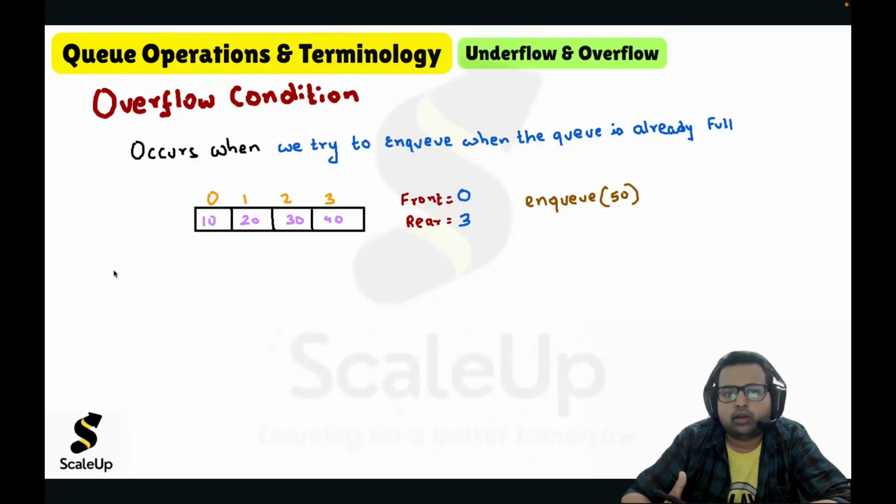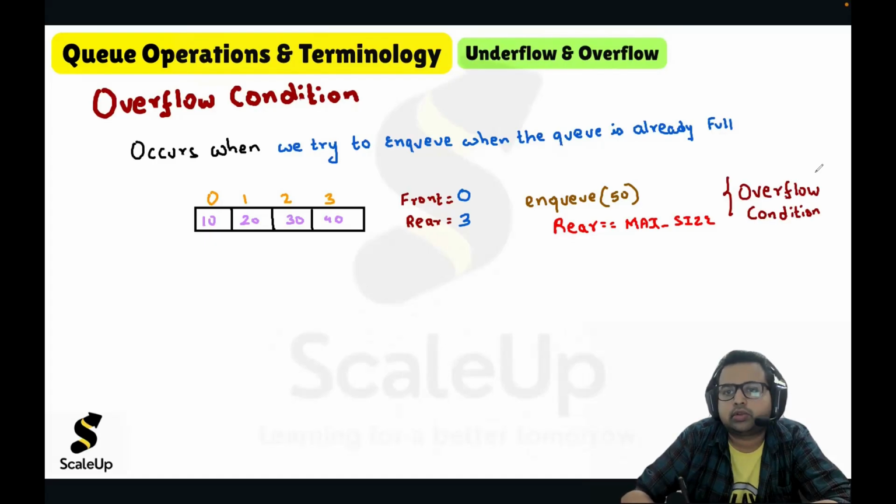Rear will become 4. So at this point, when you do enqueue 50, rear will become equal to max size. And whenever rear becomes equal to max size, it will lead to overflow condition. So this is the idea of overflow.